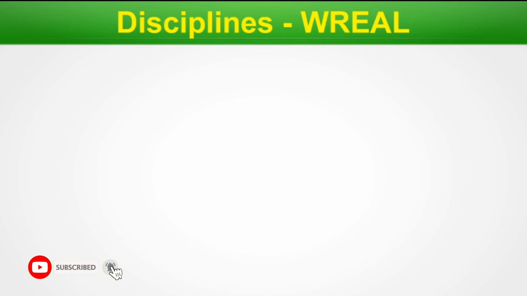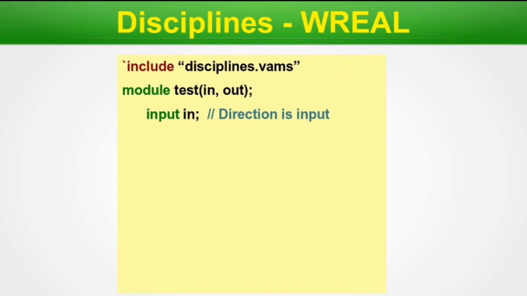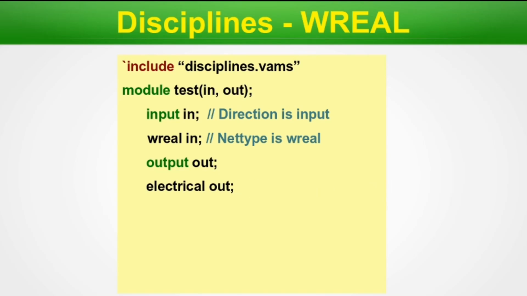So next discipline is Wreal. It is used in real number modeling in analog as well as analog mixed signal cases. So let's get familiar. We include the file, write the module name, define the input, and we define the net type as Wreal. So this net will carry the real values. Real values in the sense that is the real data type. Output is out, and we define it as electrical.